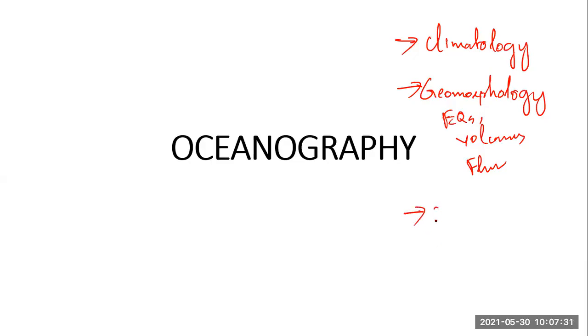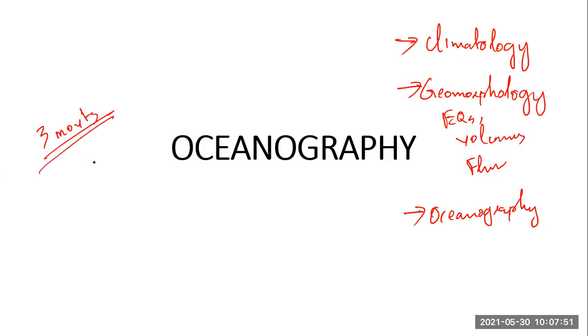Now, in today's session, we have to start with oceanography. As the name suggests, it is the study of oceans. When it comes to oceanography, there are three kinds of ocean movements that we have to study.